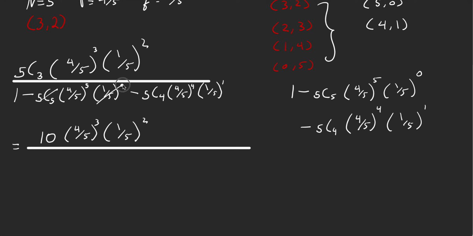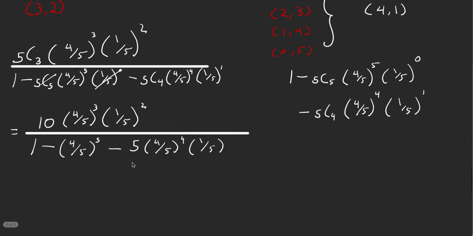This goes to 1, this goes to 1, so we don't actually need them. 1 minus 4/5 to the 5th minus, and 5 choose 4 is just 5, 4/5 to the 4th, 1/5 to the 1st. All right, it's still really ugly, that's for sure. But believe it or not, I think we're getting a little bit closer. We're going to have to do a lot of arithmetic to solve this, though.